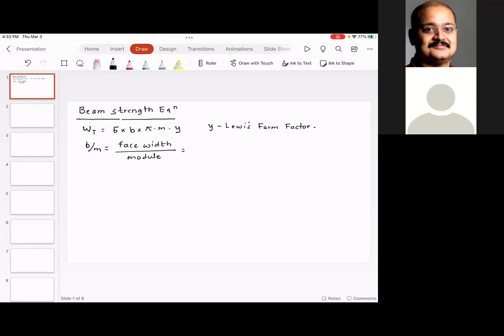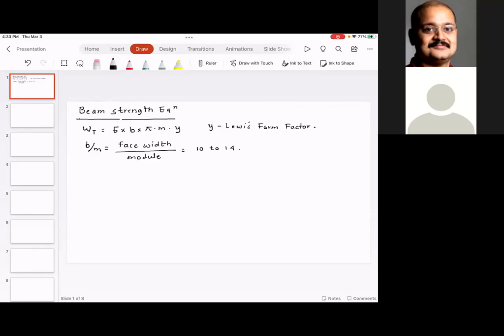Typically, this ratio can go anywhere between 10 to 14. Please understand, this is a design problem, which means we have to refer to the design data book.